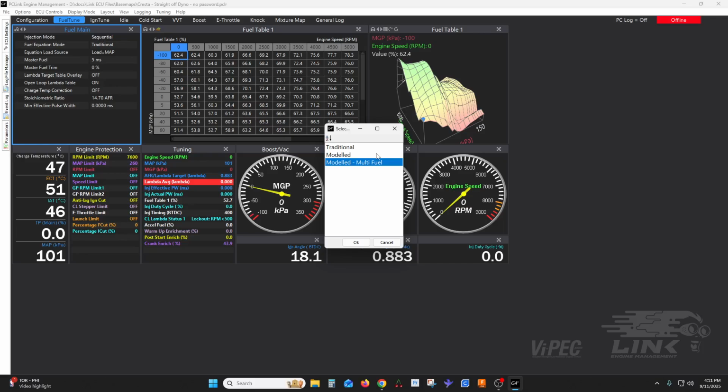And what that means is that it's no longer going off the parameters of the injector.